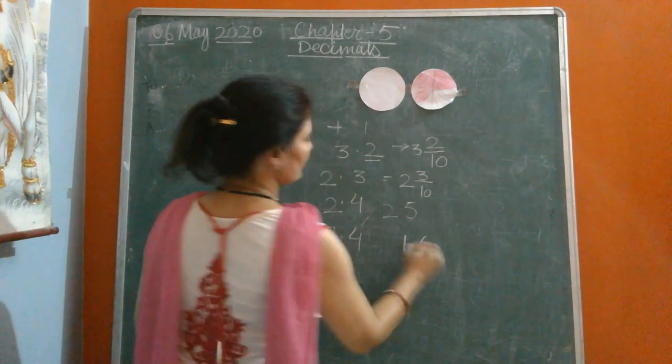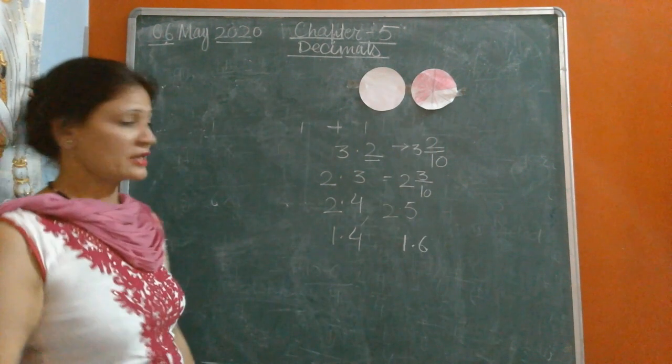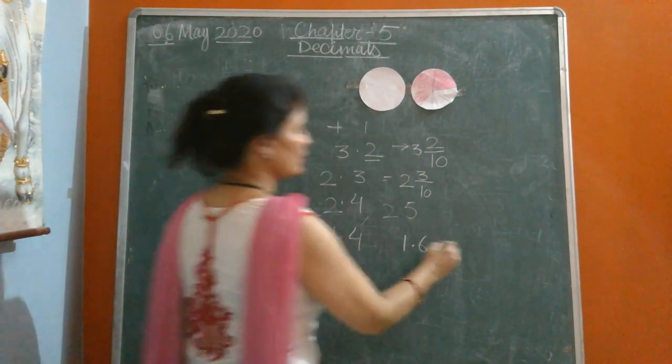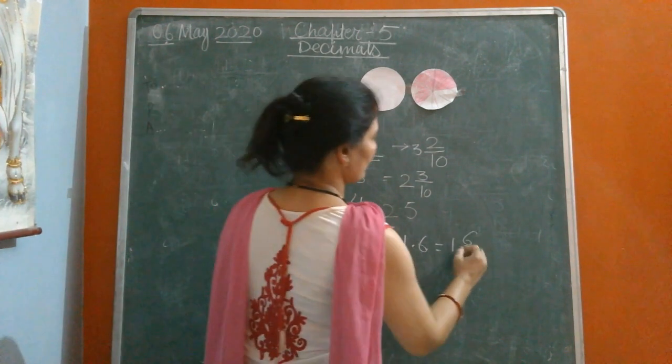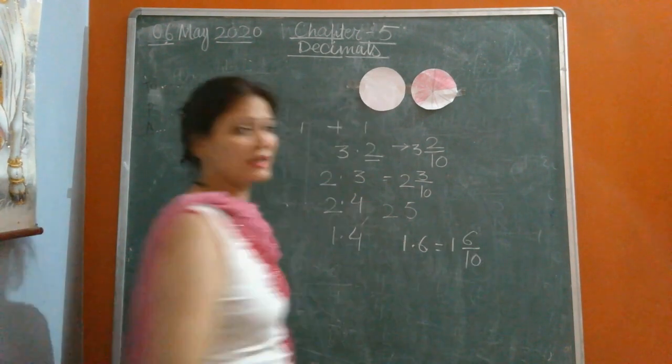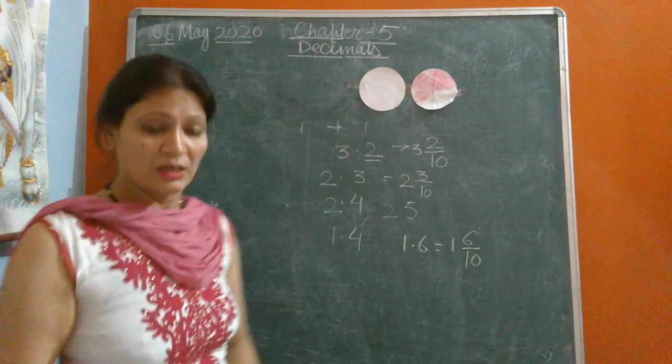So we will write 1.6. We can write it as 1 and 6 upon 10.